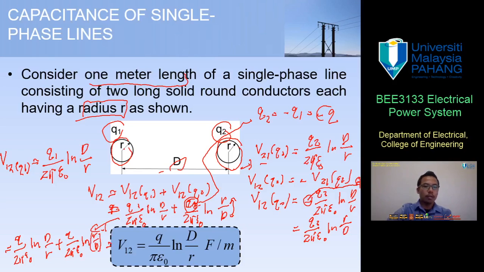That's why it also inverts, then you get 2Q over 2 pi epsilon 0 ln D over R, so you can cancel out the 2, and finally only Q is remaining here, so Q over pi epsilon 0 multiplied with ln D over R. This is in the case of farad per meter.